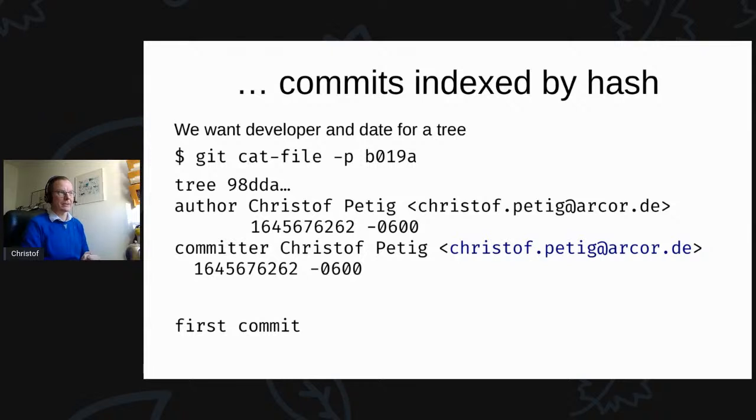So if we just take a look at the contents of the B019A, abbreviated, and basically it has 40 letters, it will just give us that is 98DDA. This is the one I already showed. And I'm the author, and I'm also the committer. And the commit message is the last one. So this is basically the information which is stored for the commit named B019.